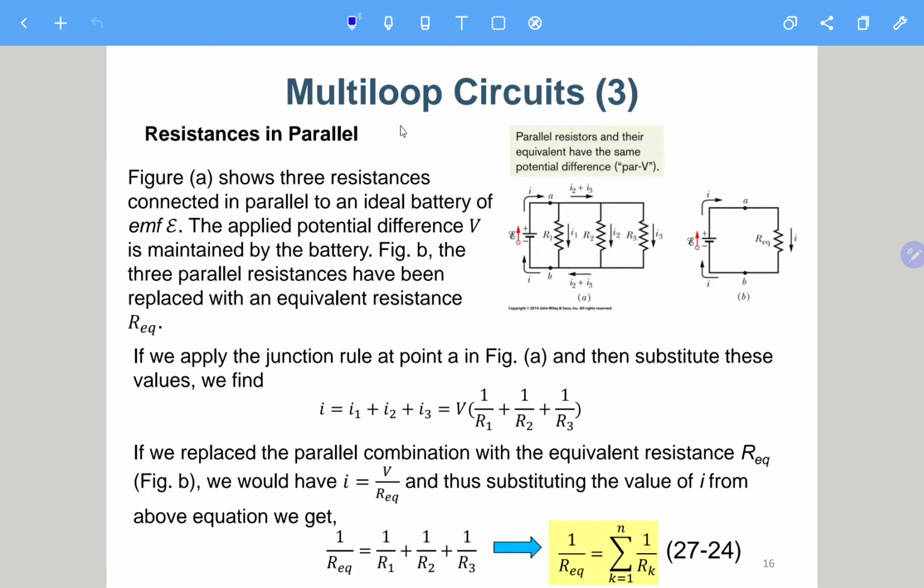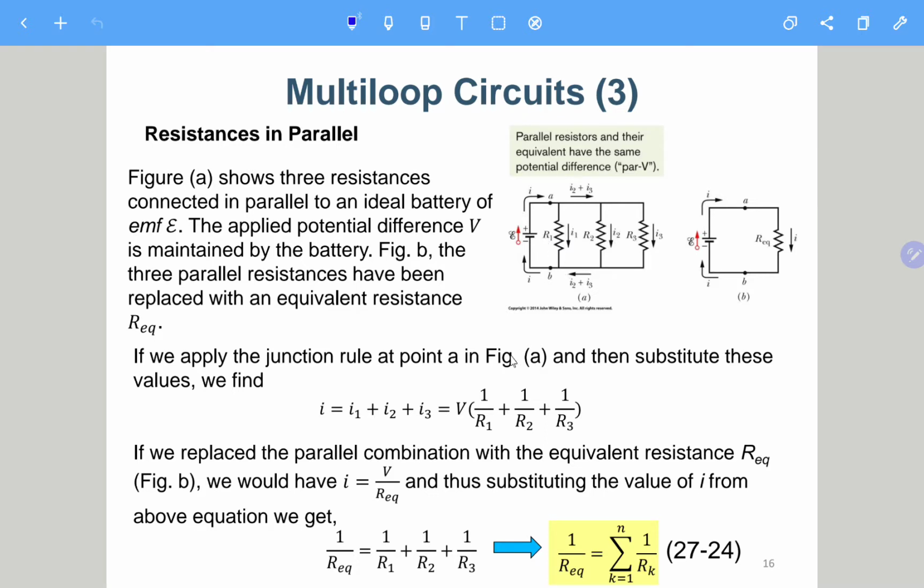Here it also talks about resistances in parallel. It uses the KCL: at node A, we consider the current going out, I1 plus I2 plus I3, which should equal I, the current going into this node. So I equals I1 plus I2 plus I3.